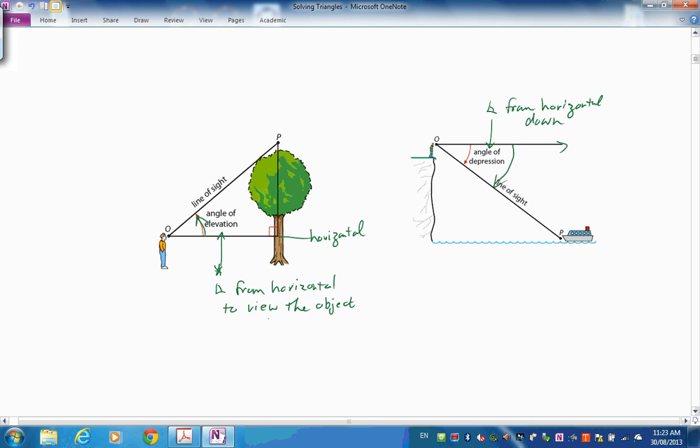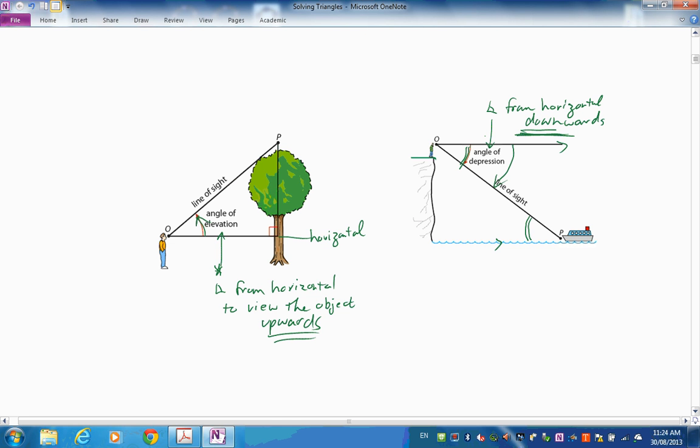To view the object, I better put down here upwards, over on this side here, upwards for angle of elevation and downwards for angle of depression, always from the horizontal. Okay, so one thing you might notice there with the angle of depression, if that's a horizontal and this is horizontal, this angle here will also equal this one here.